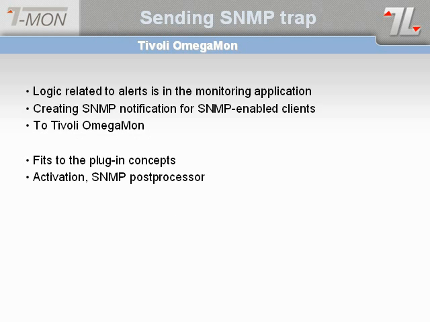Finally, I'd like to say a few words about the possibilities of monitoring. We've brought up Tivoli Omegamon as an example here, but obviously we could refer here to any monitoring application capable of receiving an SNMP message.